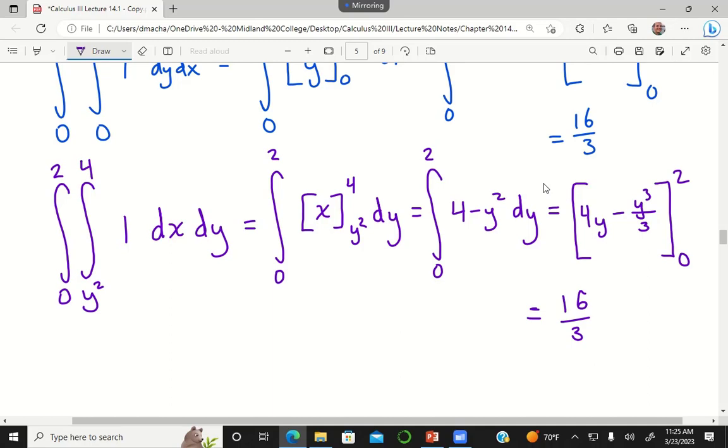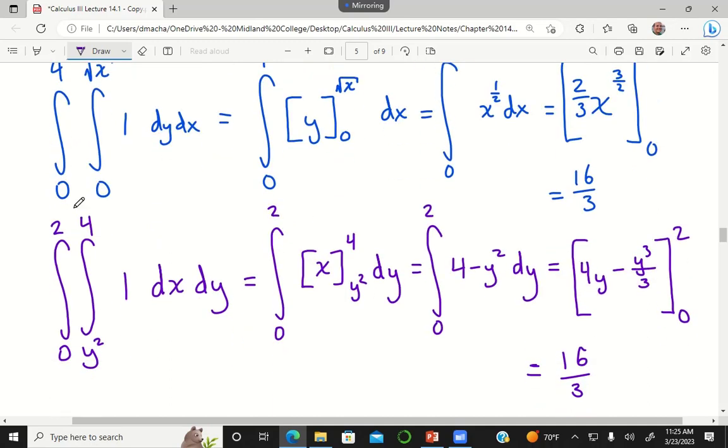I should have the same answer if I'm calculating the area of the same region. And again, this is just two different ways of doing a double integral where I've swapped the order of integration. I say that this is an important skill because I think here in a couple weeks we're going to have some integrals where one order of integration might be really, really difficult.